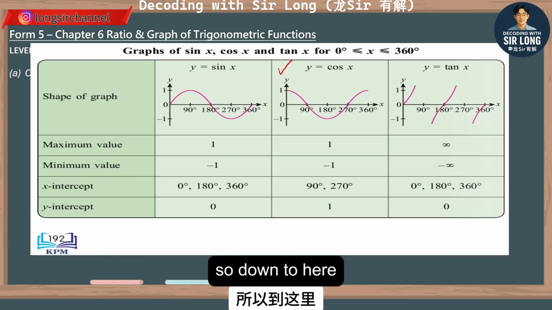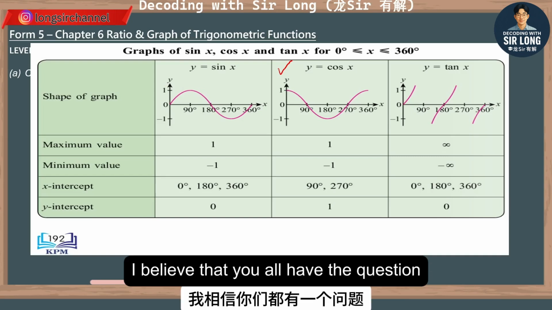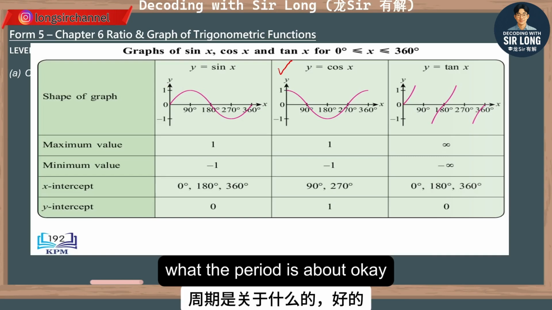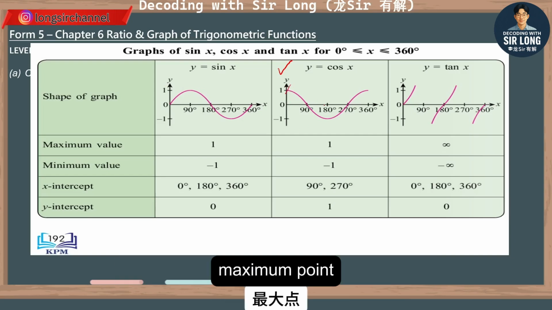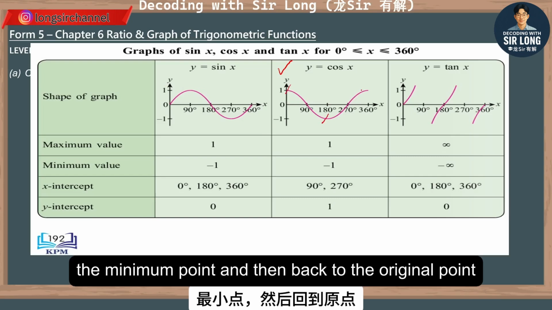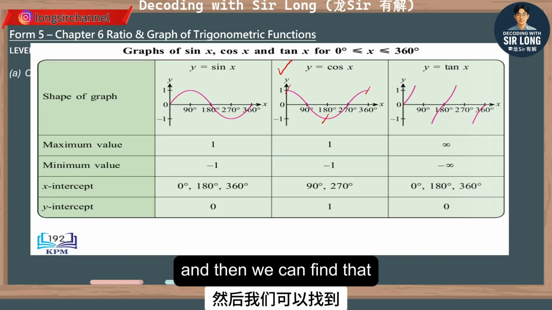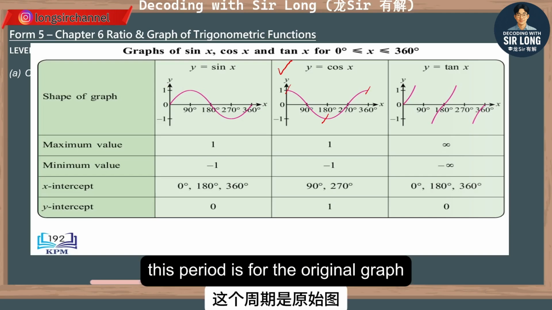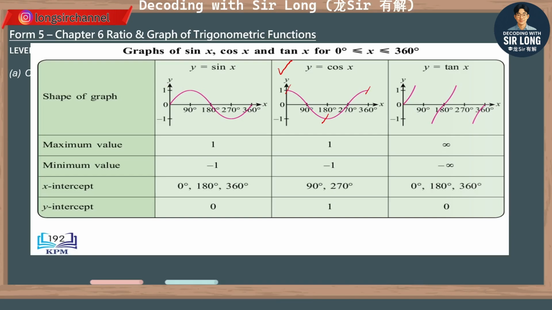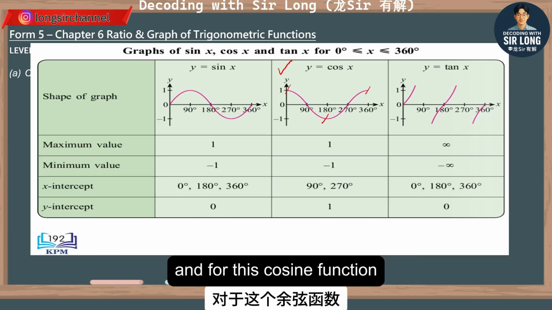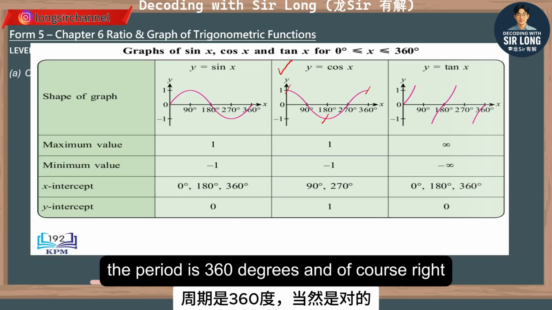I believe you all have a question about what the period is. The period of the graph is the length over which the graph touches the maximum point, the minimum point, and then returns to the original point. For this cosine function, the period is 360 degrees.